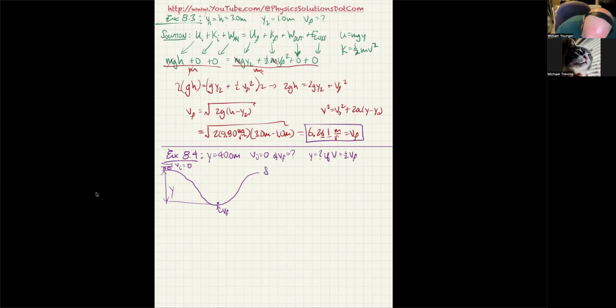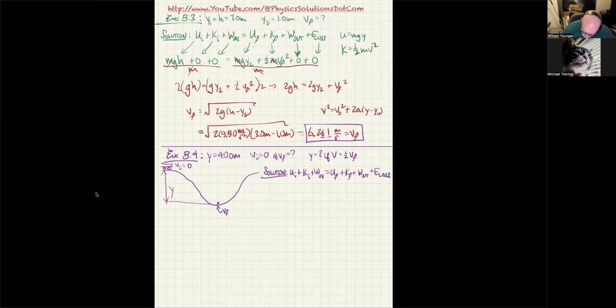So, solution. U initial plus K initial plus work in is equal to U final plus K final plus work out plus E loss. Now, all these work in, work out, and E loss are all 0 here because they told us to ignore friction and stuff like that.